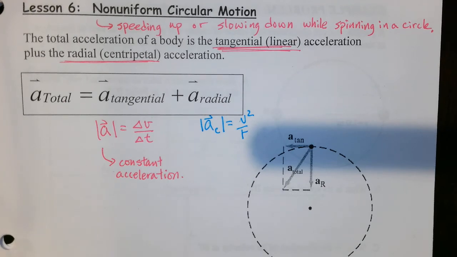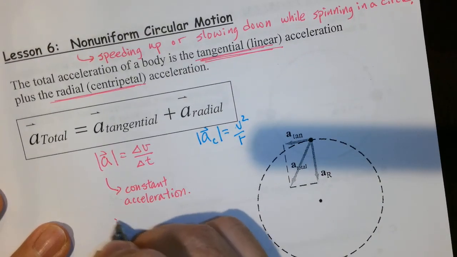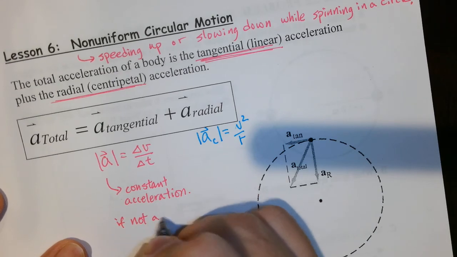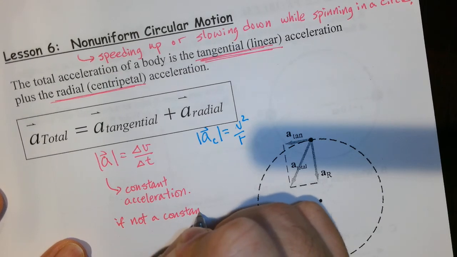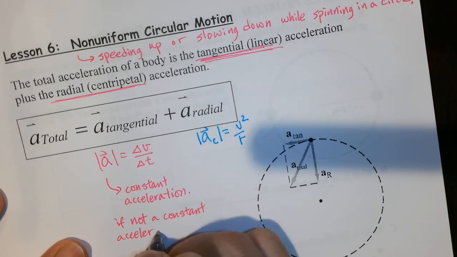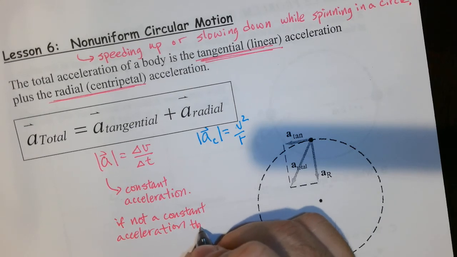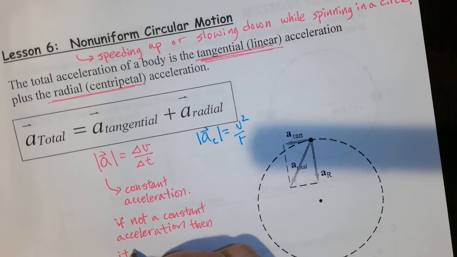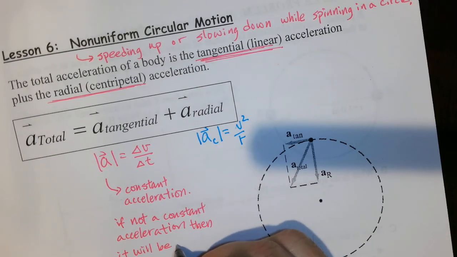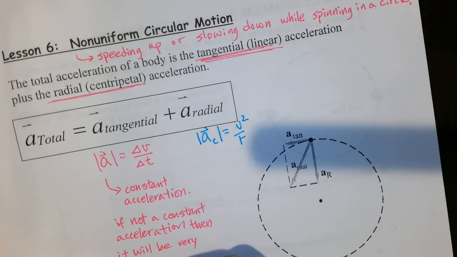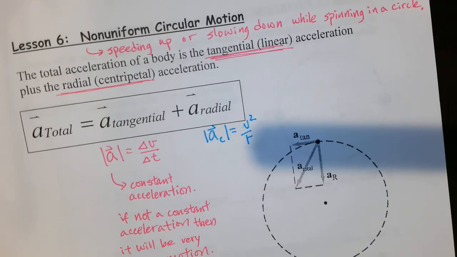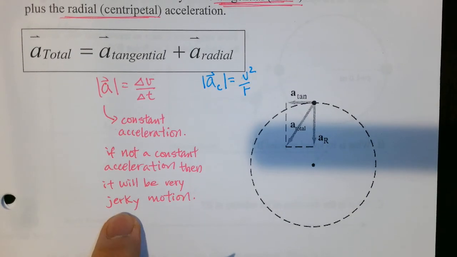So if it's not, then it will be a very jerky motion. And what do I mean by that? Well, I'm not trying to be funny here. This is actually a mathematical term.